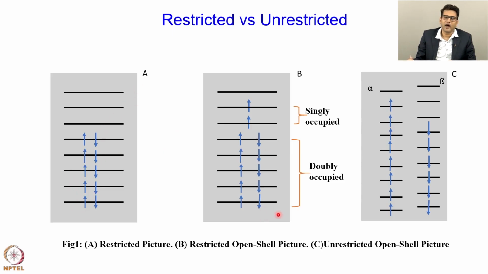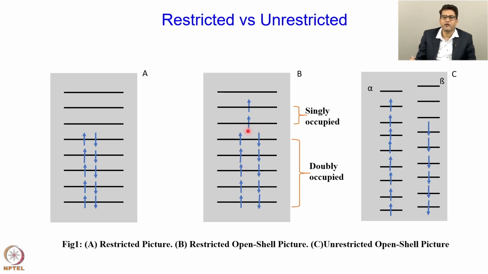In the unrestricted picture, my alpha and beta electrons have different spatial parts, and even their numbers are different. Whereas restricted open shell is something in between, where the electrons which are paired are doubly occupied in an orbital where the spatial part is the same, and then there is a different set of singly occupied orbitals.